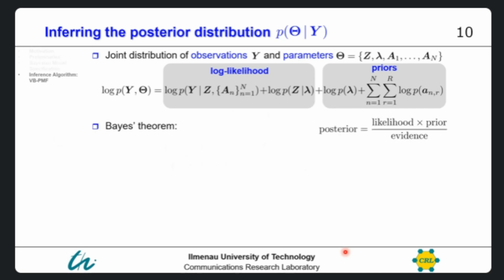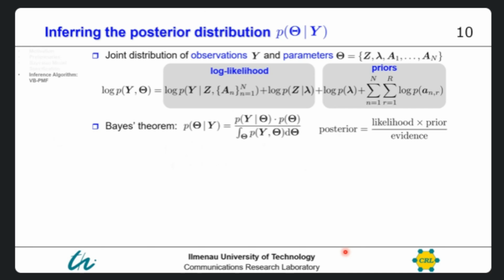Bayes' theorem is usually given by this formula. The posterior is equal to the likelihood times the prior divided by the evidence. And mathematically, this is how it looks. Okay?